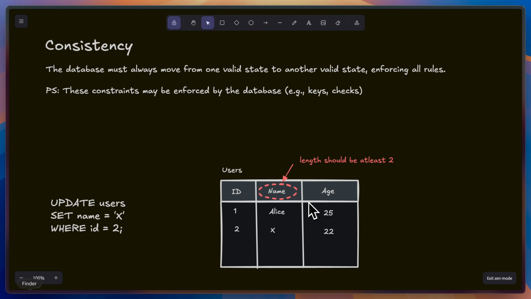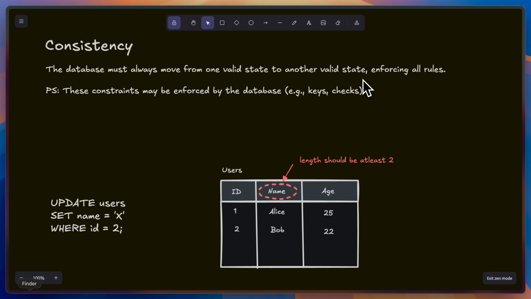So the database will not allow that operation to succeed. This operation would never succeed, so the name will remain as Bob. This is how the database guarantees us consistency. Whenever we try to move from one state to another, it will check all the constraints defined by us.